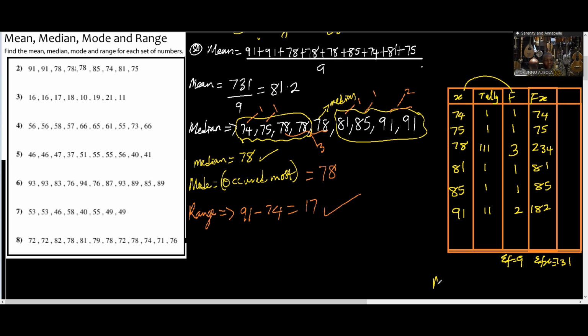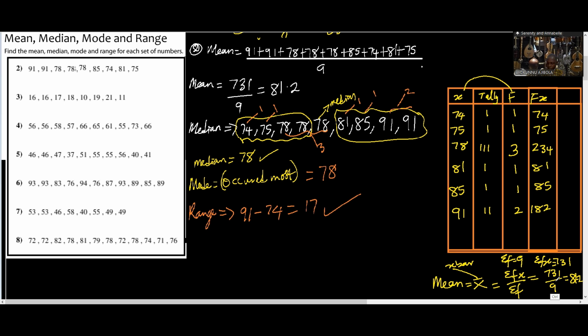So our mean now, mean is called x bar. It's called x bar. And this is going to be summation fx over summation f, which is 731 over 9. And this is going to give us our 81.2.